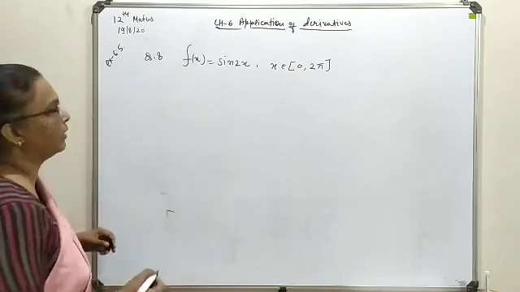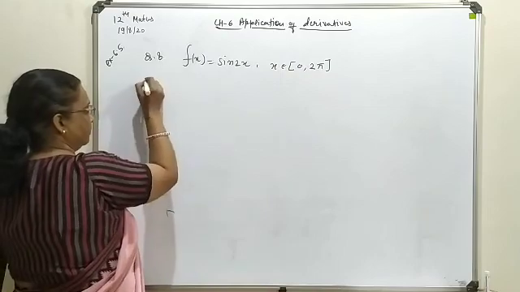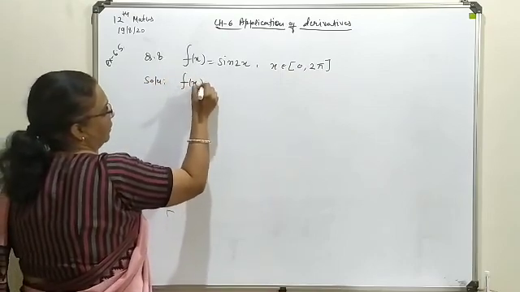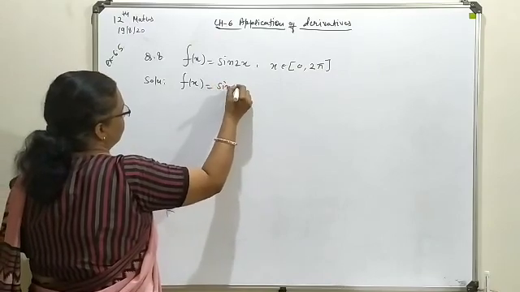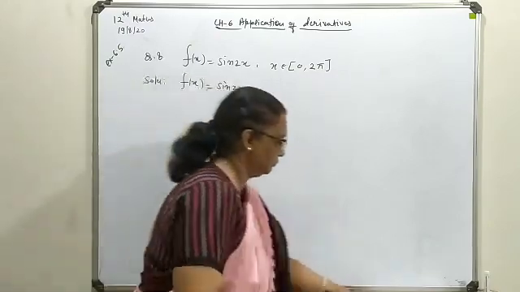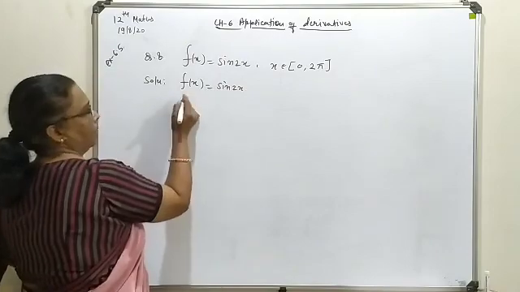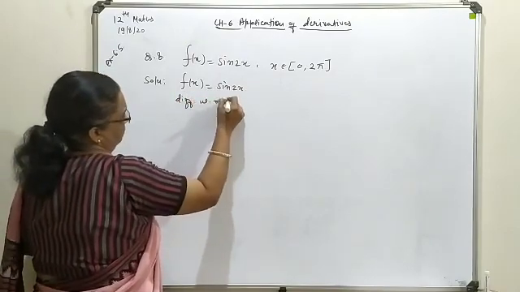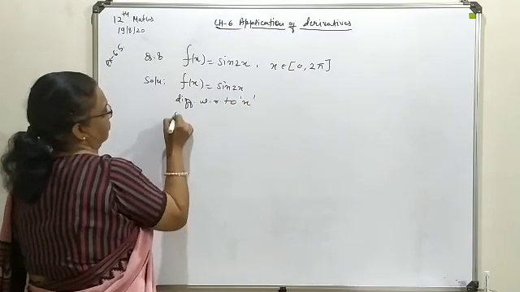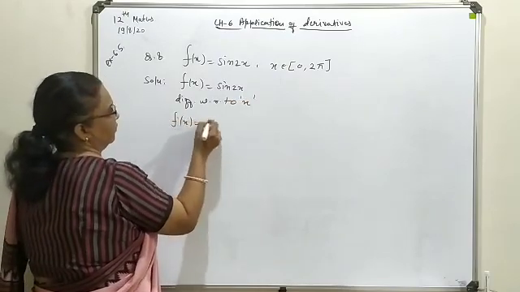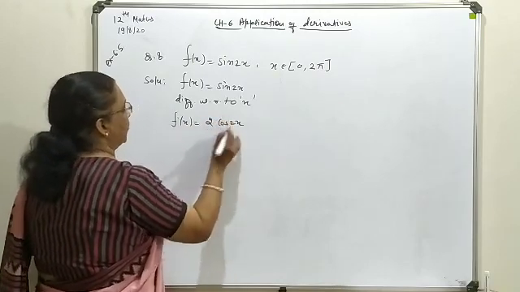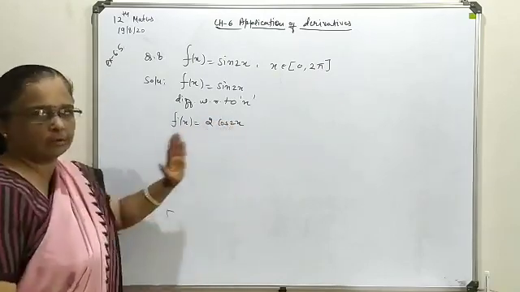Now the beginning step will remain the same. f(x) is available as sin 2x. Differentiate. This will give you 2 cos 2x. Make this derivative 0.